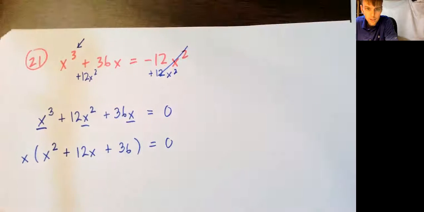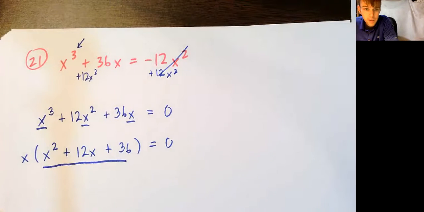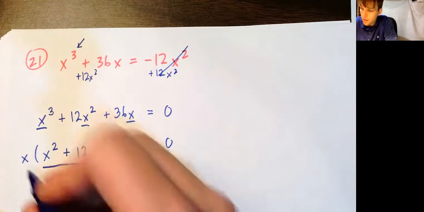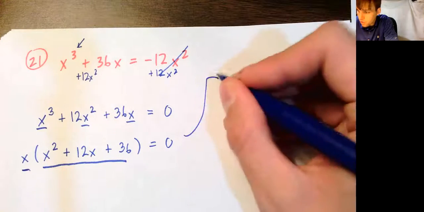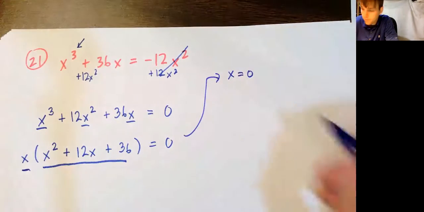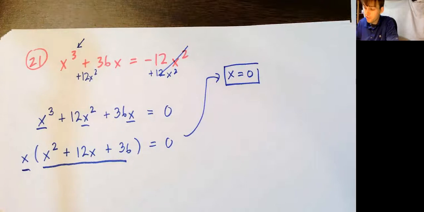I have one factor for my polynomial, but this inside here needs to factor further. I can use my trinomial factoring like I did in the previous problem, though it is a little bit easier. But this factor right here tells me I already have one of my solutions. One of my solutions is x equals 0, because this is already one of my factors.